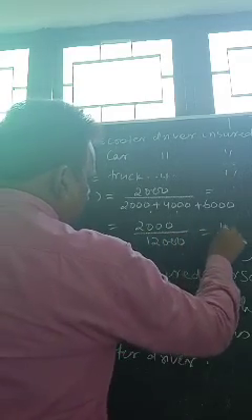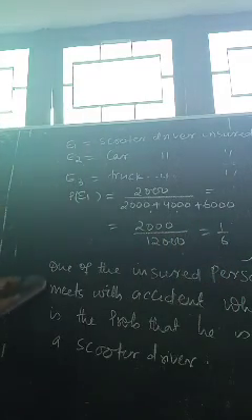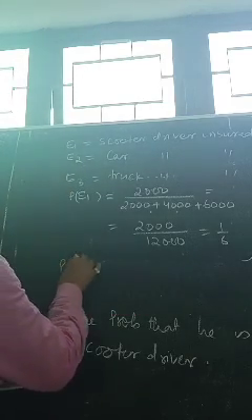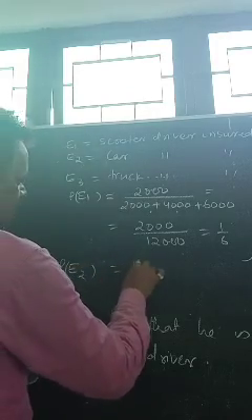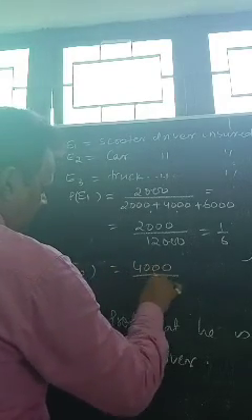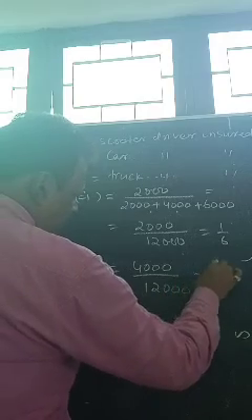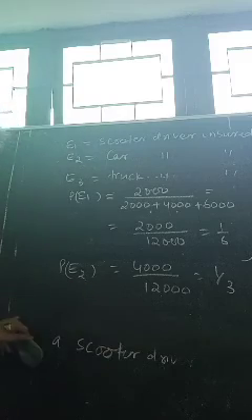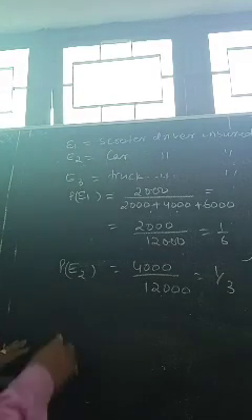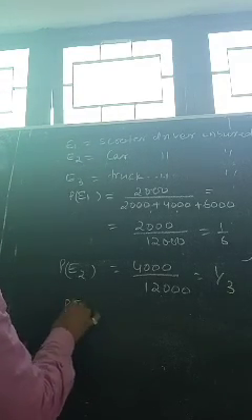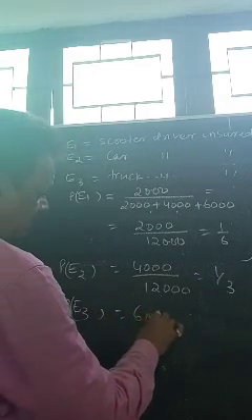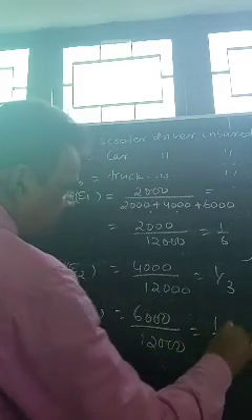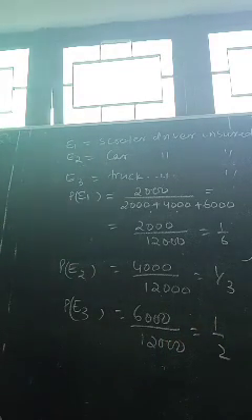You can write as 1 upon 6. Okay. Similarly, what is probability E2? Now 4,000 by 12,000. 1 upon 3. E3 is 6,000 by 12,000, that is 1 upon 2. Okay.